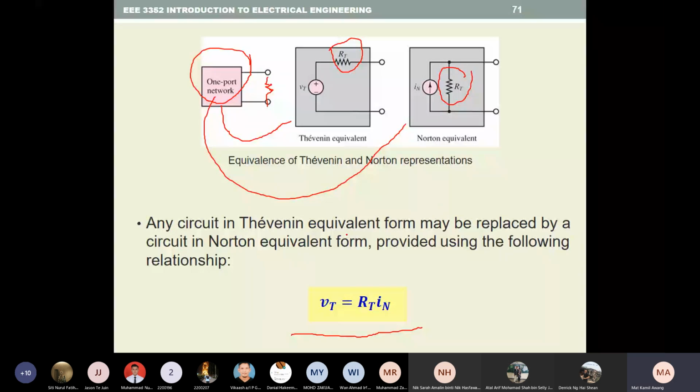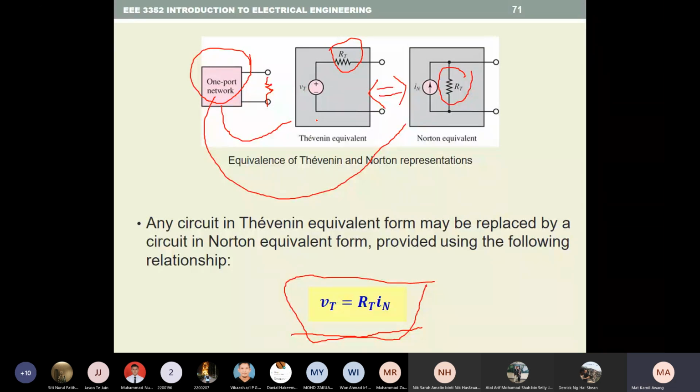So any circuit in Thevenin equivalent form may be replaced by a circuit in Norton equivalent form, provided we use the following relationship. By using this relationship, we can transform these two circuits, vice versa. If you want to transform Norton into Thevenin, then Vt is actually Rt times In.